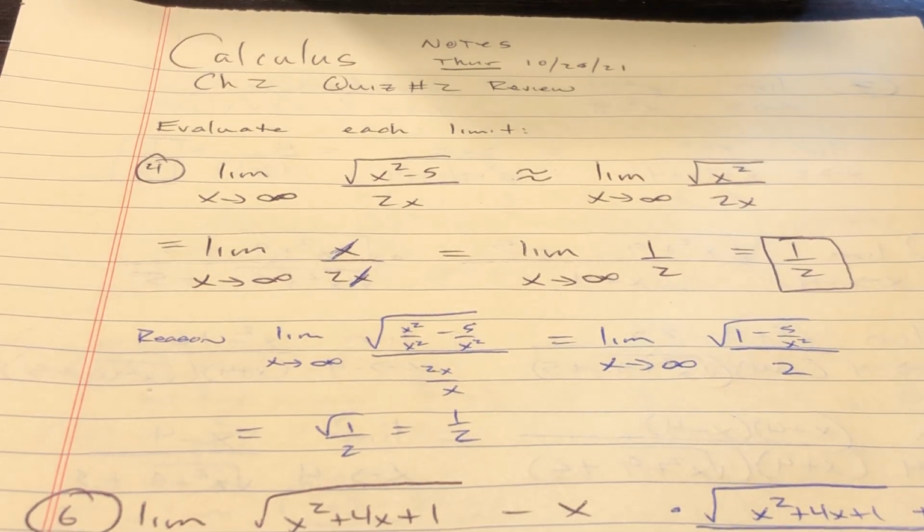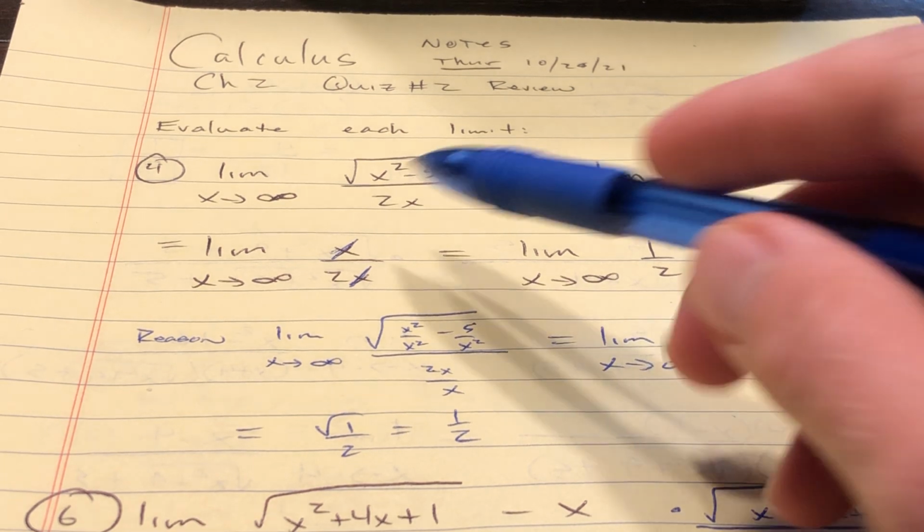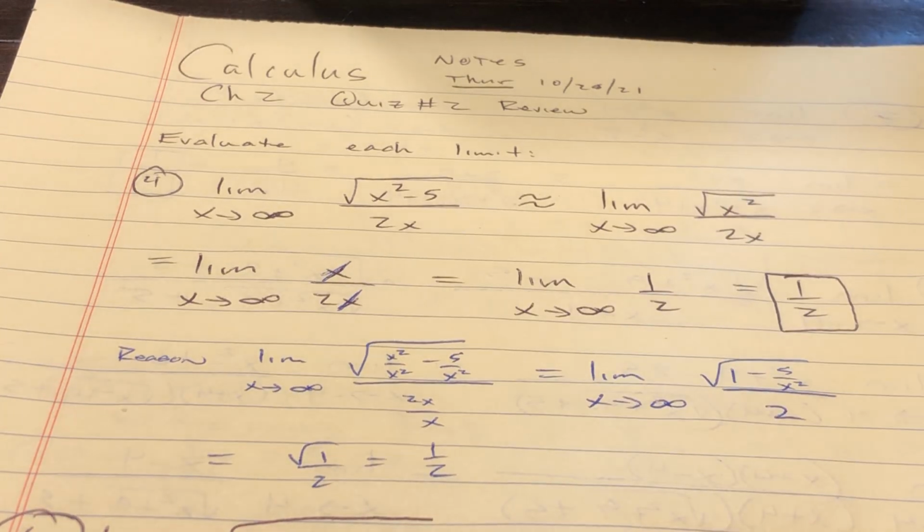Here's what we're going to do. When we first learned about these and revisited the horizontal asymptote rules, because that's what a limit as x approaches infinity is, a horizontal asymptote, you divide by the highest power in the denominator. The highest power in the denominator is x, but when it goes inside the square root, you need to know that the square root of x squared is x.